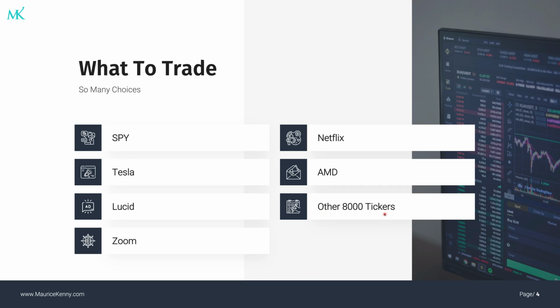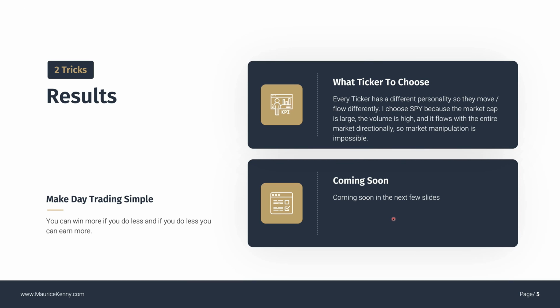So a newcomer coming into the market, or if you're already in the market, when you think about it, the odds are stacked against you to say, which one do you buy out of 8,000 tickers? It's literally insanity.